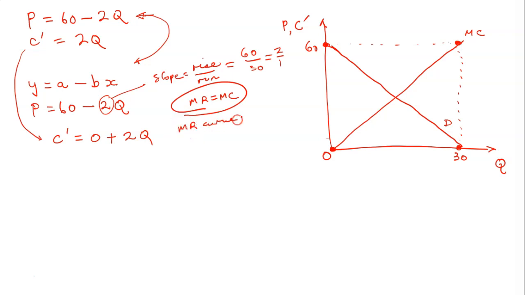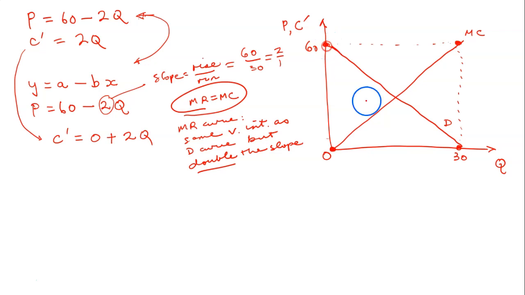It has the same vertical intercept as the demand curve, but double the slope in absolute terms. So double the slope would be, choose halfway here. There you go. There's your marginal revenue curve.